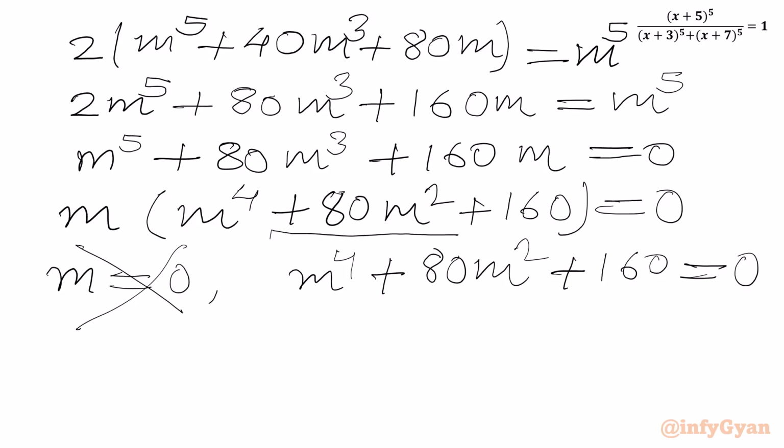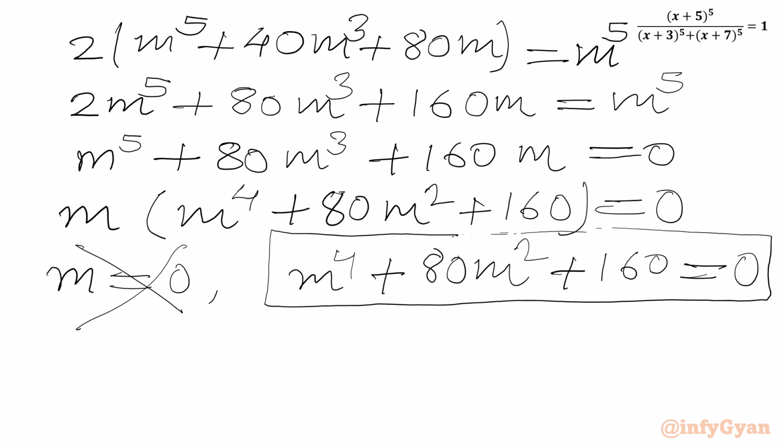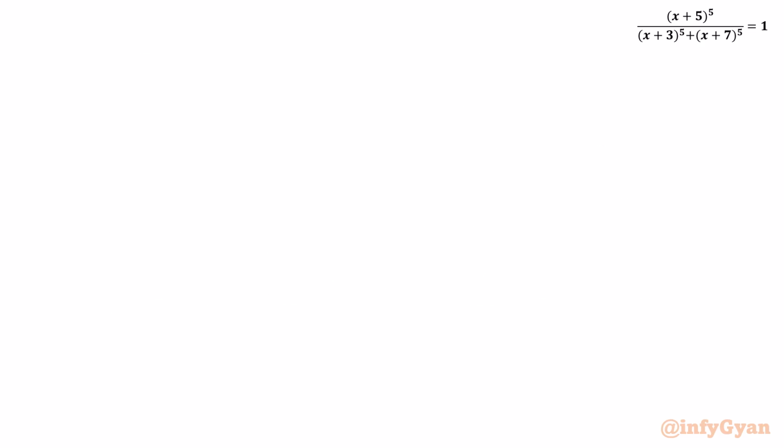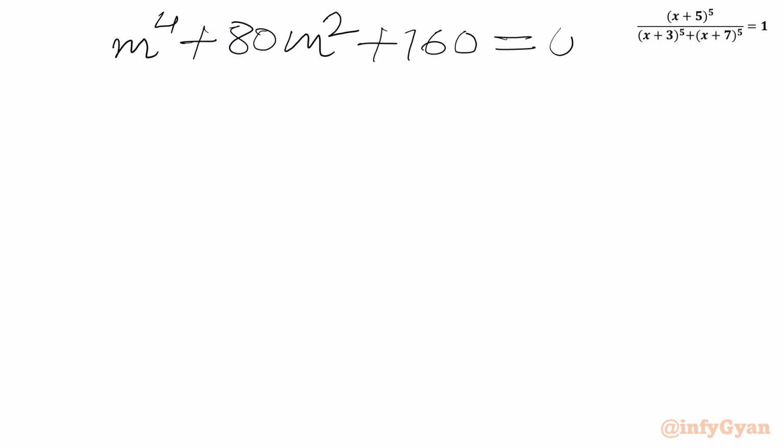Now this is a quartic equation and this is also a quadratic equation in m square, so I can use the quadratic formula here. Let us write this equation here: m power 4 plus 80m square plus 160 equal to 0. So this is quadratic in m square.